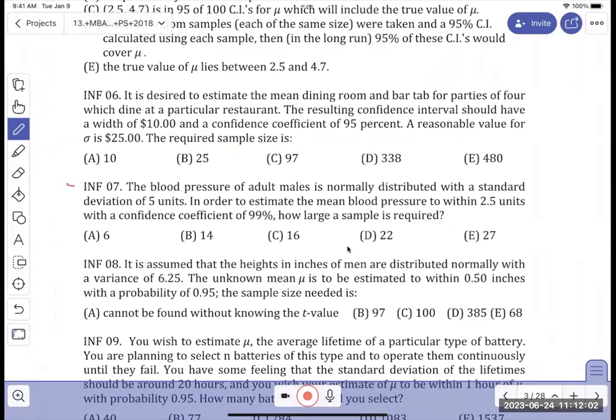So what is 5? Is it a sample result or a population result?